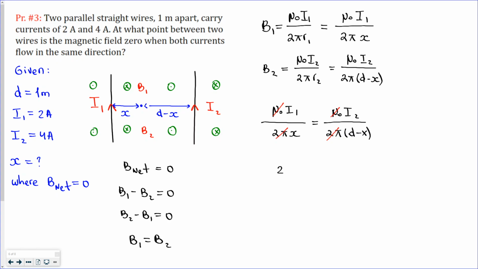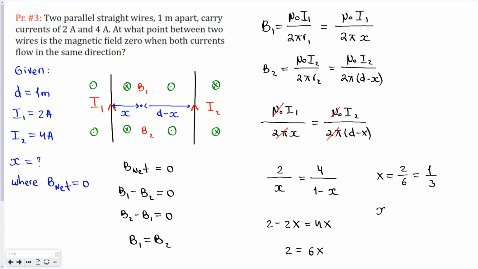I1 is 2 amperes, x we don't know, and I2 is 4 amperes, d is 1 meter, and again x we don't know. So from the cross product we have 2 minus 2x is equal to 4x, and 2 is equal to 6x. Then x is equal to 2 over 6, 1 over 3.